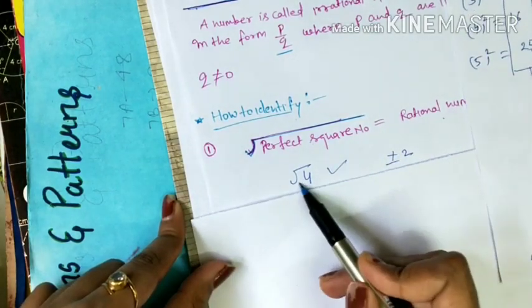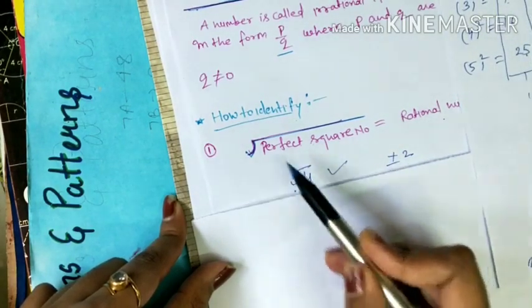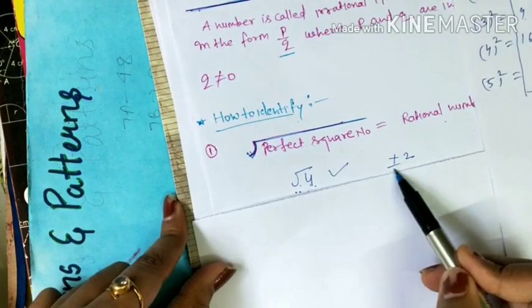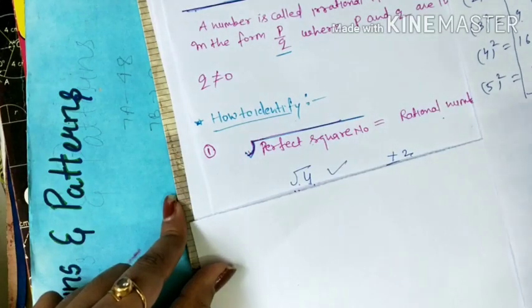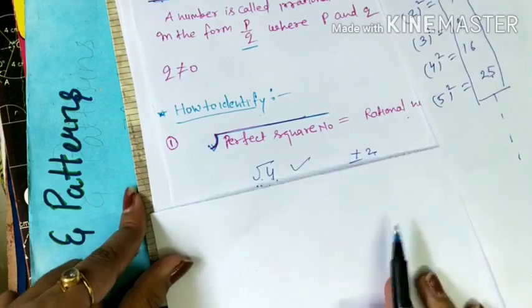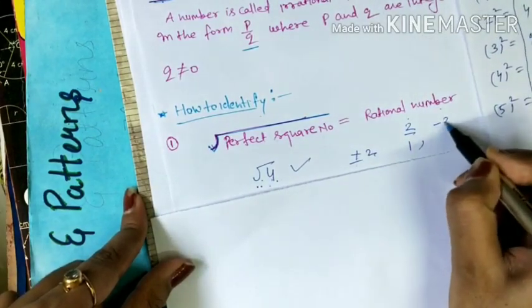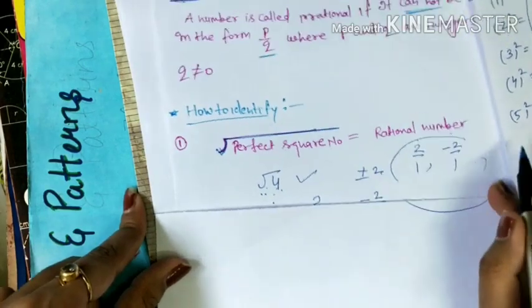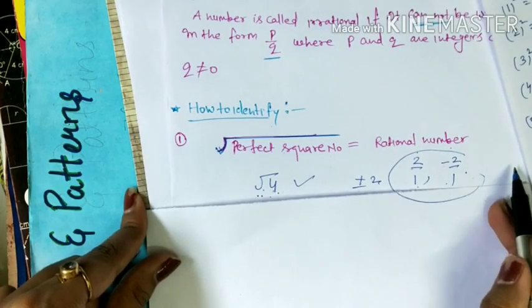If I write under root 4, you know 4 is a perfect square number. So under root 4 is a rational number. If we solve under root 4, you will get plus minus 2. It means a rational number, you know, a number which can be written in the form of p by q. So you got plus minus 2. I can write 2 by 1 or minus 2 by 1. It is in the form of p by q, where p and q both are integers and q is not equal to 0.